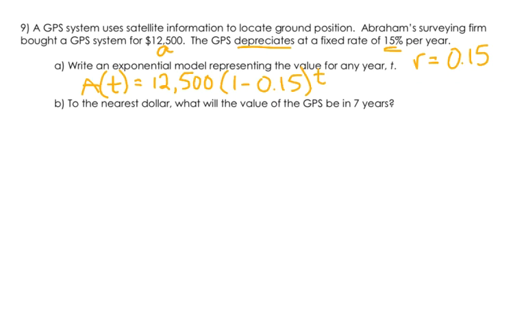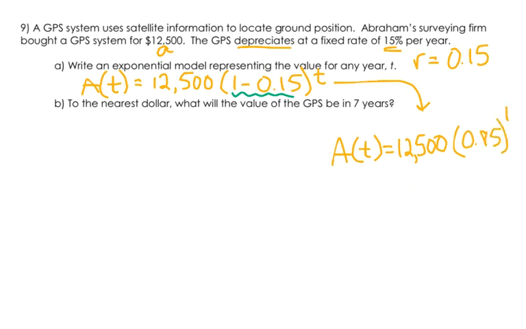Now, you can simplify inside those parentheses, and your model should look like this. A sub t is equal to 12,500 times, go ahead and plug in 1 minus 0.15 to get 0.85, to the t power. So here's my model. I can use this to find values.